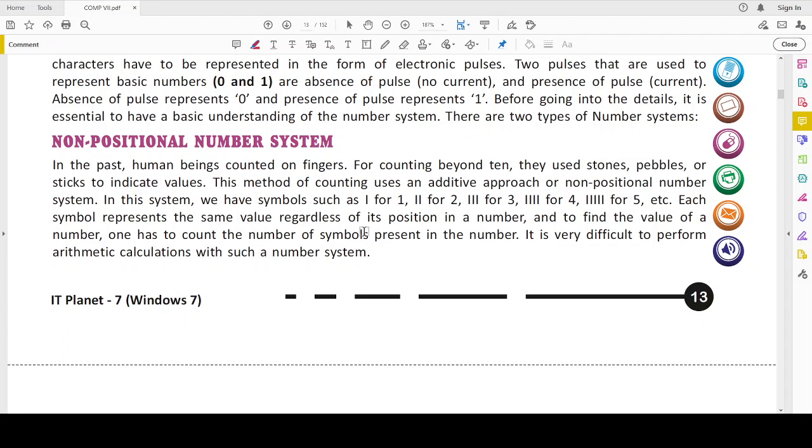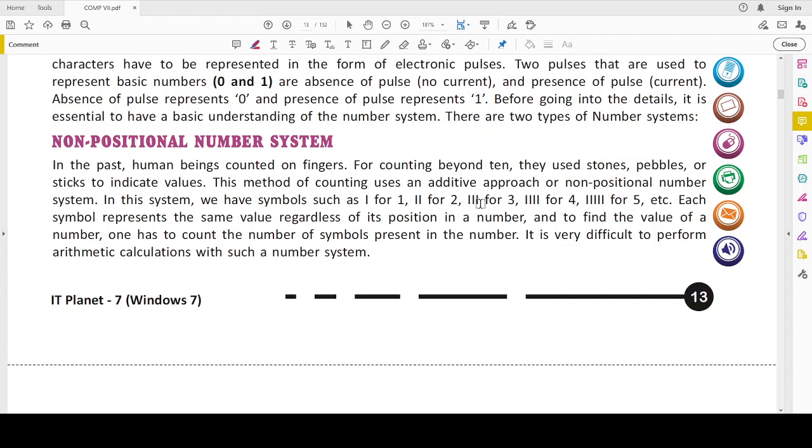To find the value of a number, one has to count the number of symbols present in it. So you can understand, you are just counting. There is only 1 stick for 1, 2 sticks for 2, 3 sticks for 3, like that. This stick is the same as this stick. This has a value 1, and this also has a value 1. There is no difference of value with respect to position, and that is why it is called a non-positional number system. Simply, you are using an additive approach.